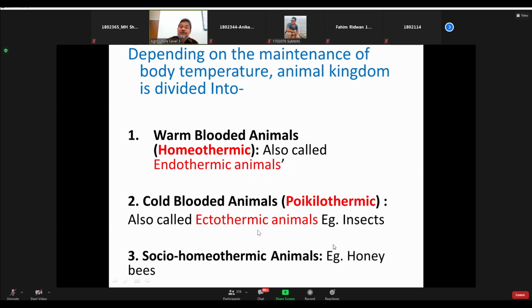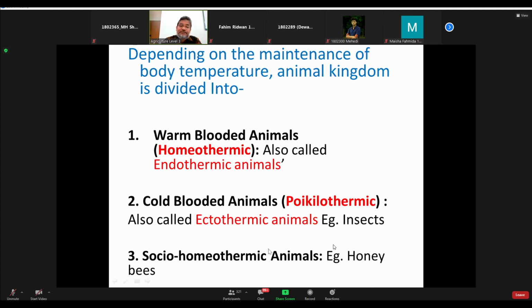So we need to know the optimum zone for the survival and development of insects. Then we can predict the development and population of insects. So temperature is a very important factor for the students of agriculture to know the rate of development of insects, especially crop pests.